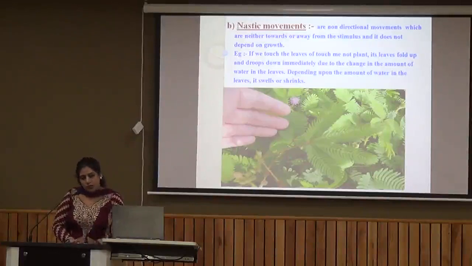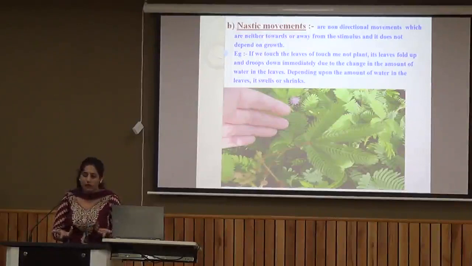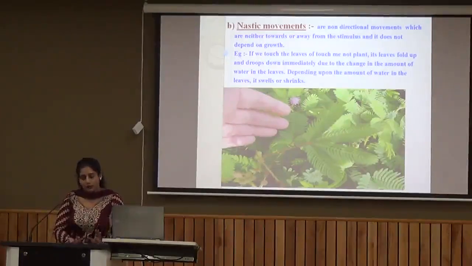When we touch it, the water of the leaves goes back by osmosis, due to which it shrinks. But when we leave it and the plant realizes it is safe, the water comes back again by osmosis, and it swells.